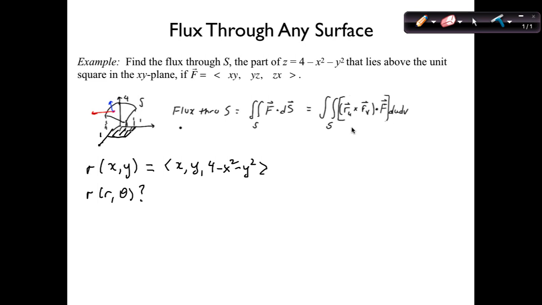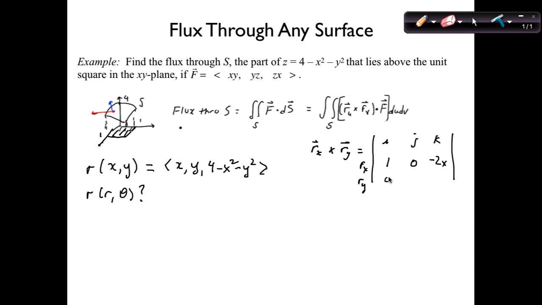Okay, so we need to find partials Rx and Ry, and we're going to do the cross product of Rx cross Ry. Remember, we're going to use our determinant algorithm with i, j, k, Rx, Ry. So what is the partial with respect to x? 1, 0, negative 2x.